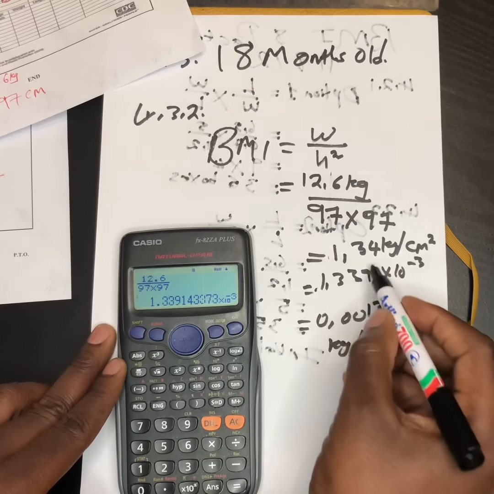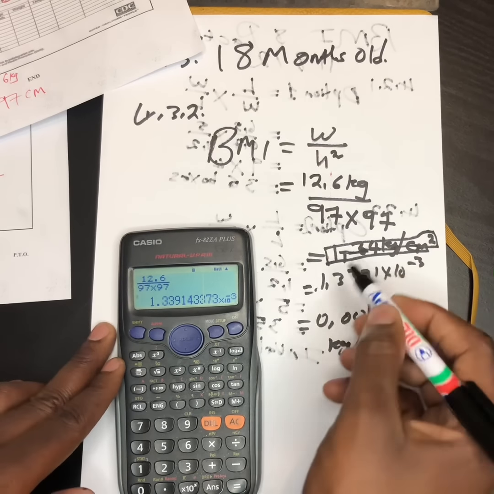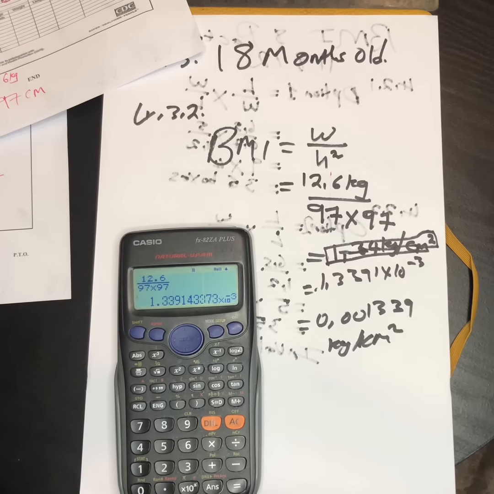That is our answer, not this one. I did not check carefully. I realize that we are having 10 to the power negative 3 there. So this is our answer.